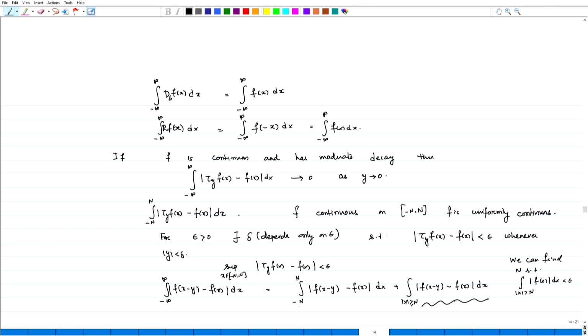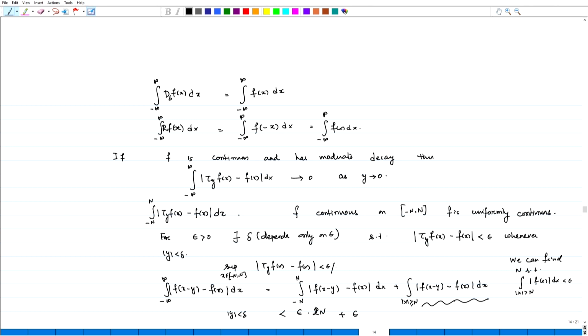And for the other part, if f is continuous, it is uniformly continuous. So, I can pull out: if |y| is less than delta, then this one is less than epsilon divided by 2n, and then this is epsilon. So, I can choose my epsilon here.